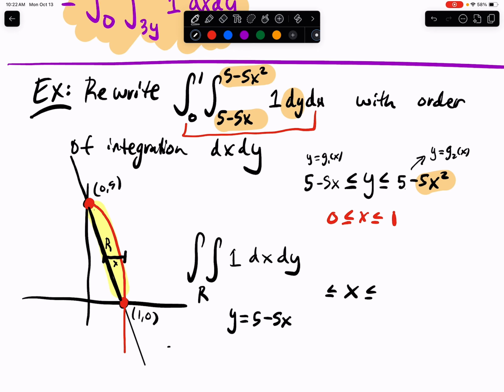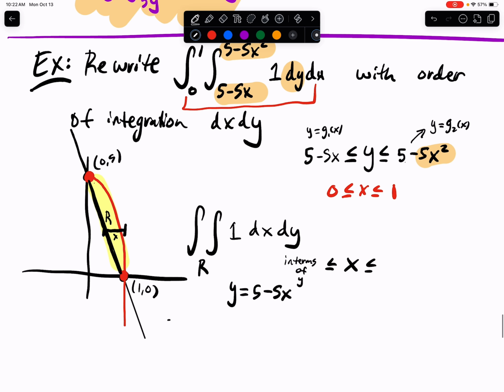But we need this thing to be in terms of y. Okay, so how do I do that? I solve for x. If I solve for x, I get 5x equals 5 minus y, divided by 5, divided by 5. So it's going to be 5 minus y over 5.